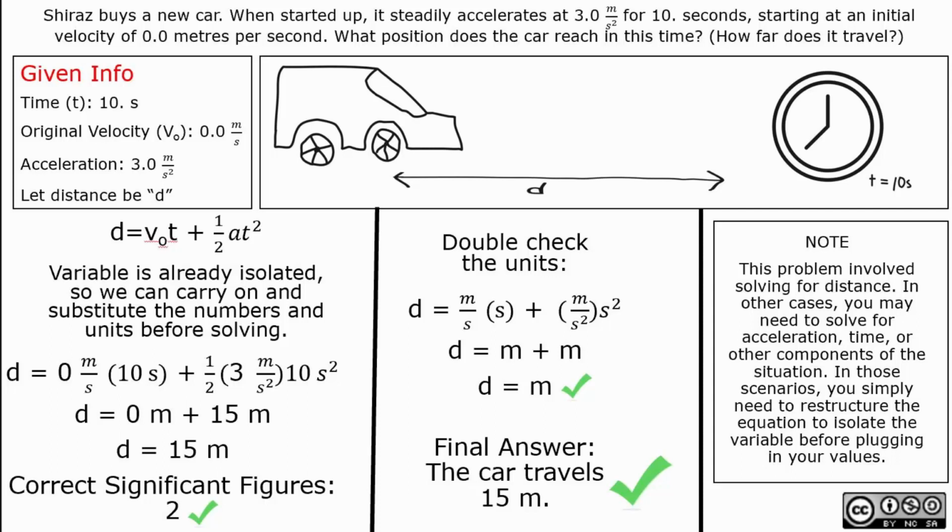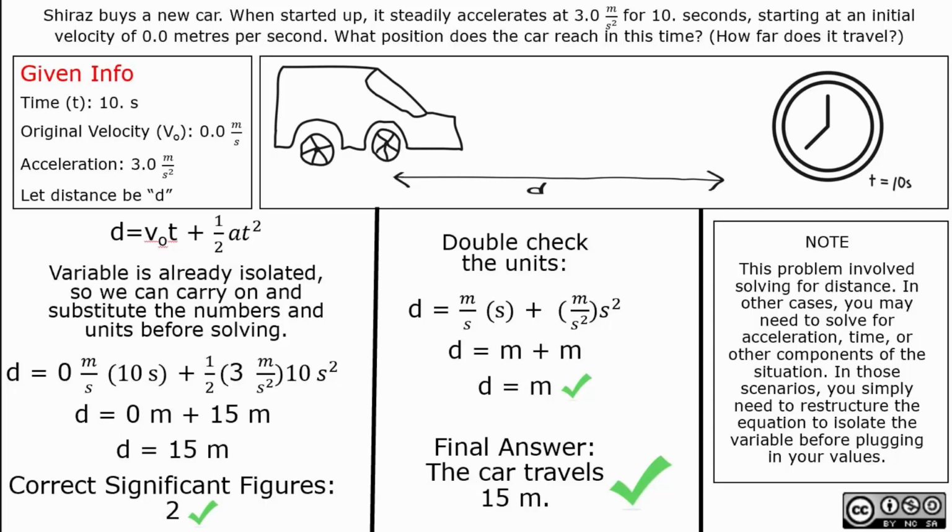So to recap, the given info we have is time equals 10 seconds, original velocity equals 0 meters per second, acceleration equals 3 meters per second squared, and we're going to let the distance be d. When solving for distance, we use the equation d equals v0t plus half at squared.